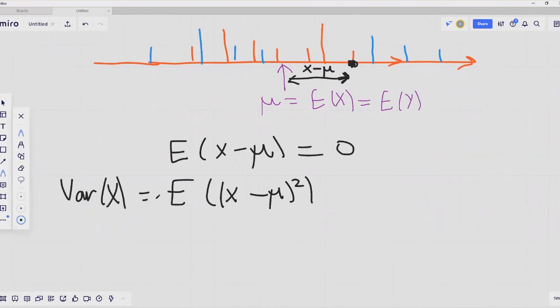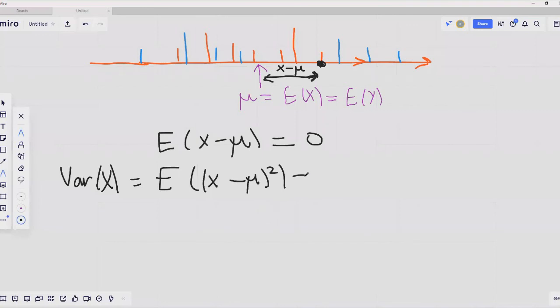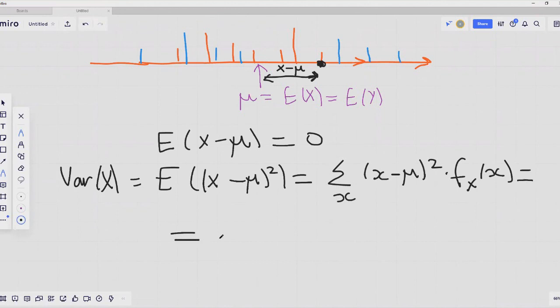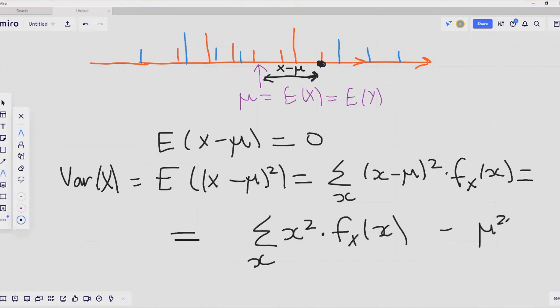of random variable x, which is equal to the following sum over all values of x of (x minus mu) squared multiplied by PMF of x. This is by the definition of the expected value of a function of a random variable. Now, if we apply further derivation, we are going to get the following short form: the sum over all values of x squared, multiplied by PMF of x, minus mu squared.